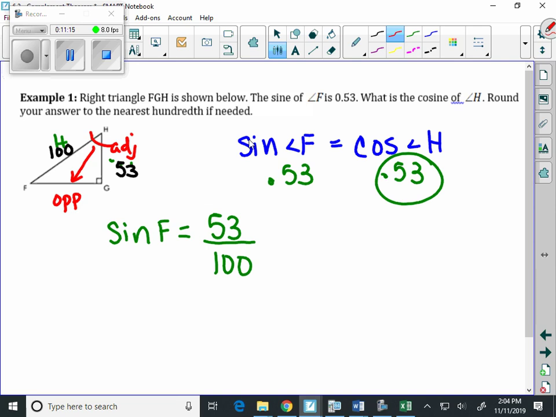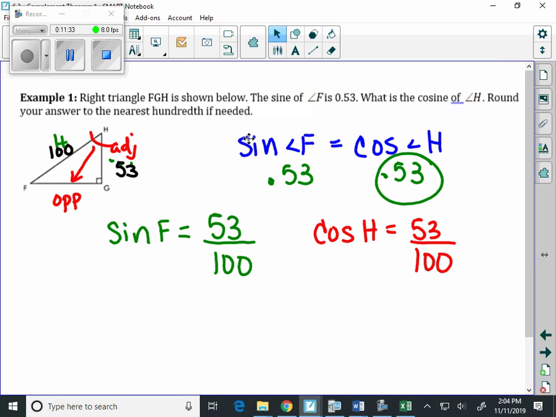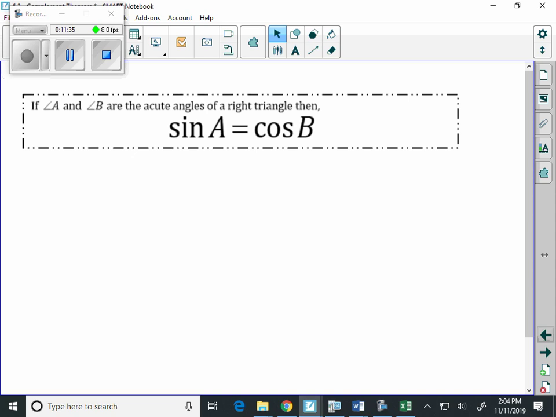And notice what we get for cosine. Cosine of angle H is the adjacent divided by the hypotenuse. In other words, 53 divided by 100 is 0.53. Very long way to talk about the complement theorem.